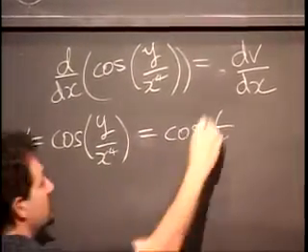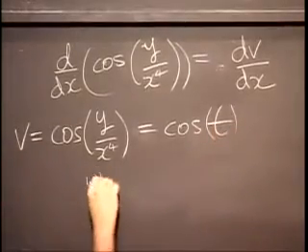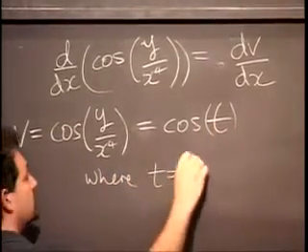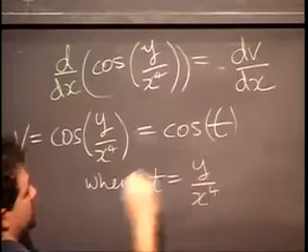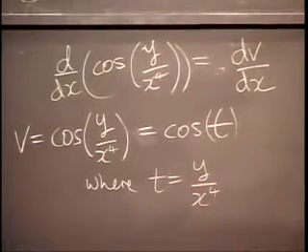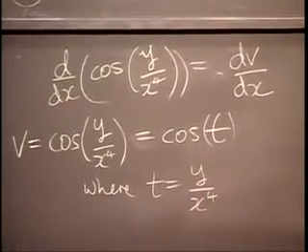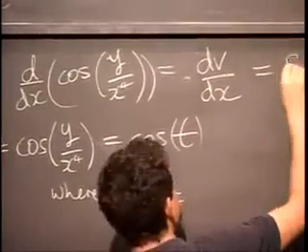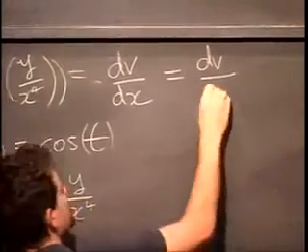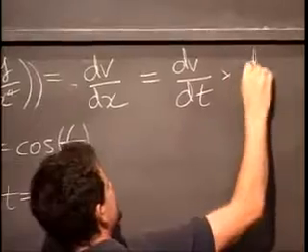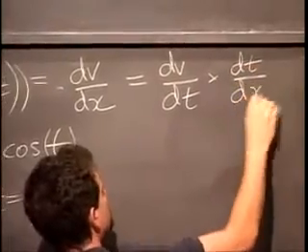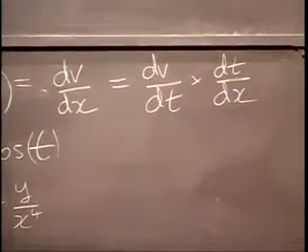Let's say t, where t equals y over x to the fourth. See, we're gradually worming our way down into the middle. So dv/dx is dv/dt times dt/dx. That's the chain rule. So we've used the product rule, now we're using the chain rule.